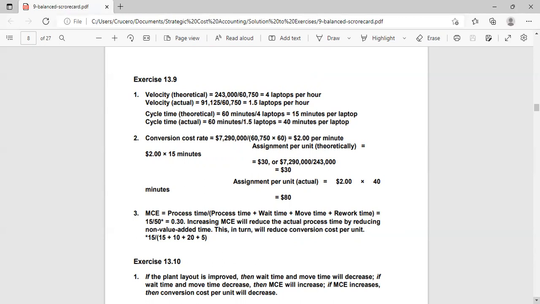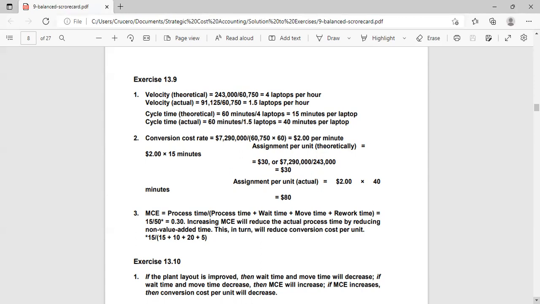The actual is 91,125 divided by 60,750. That's 1.5 laptops per hour.